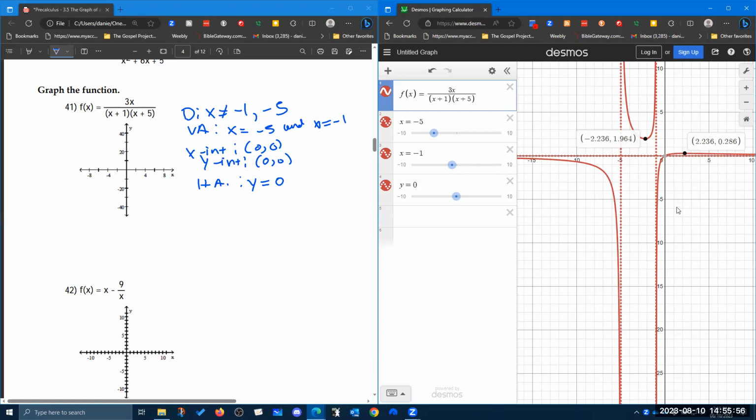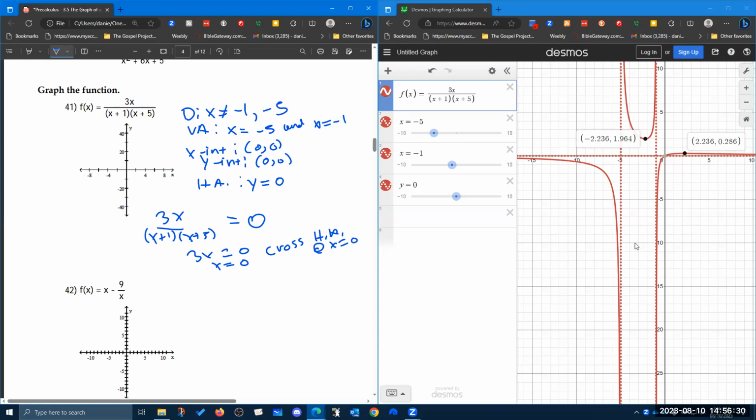And algebraically, if we wanted to prove that the function crossed the horizontal asymptote, which it can do, we take the function and set it equal to the horizontal asymptote. When we multiply anything by 0, we get 0. And so it's going to cross the HA at x equals 0.